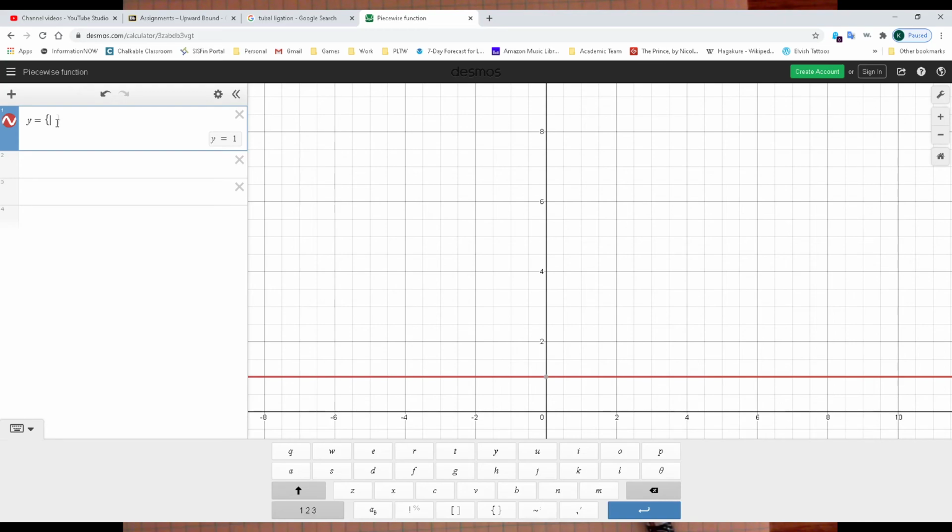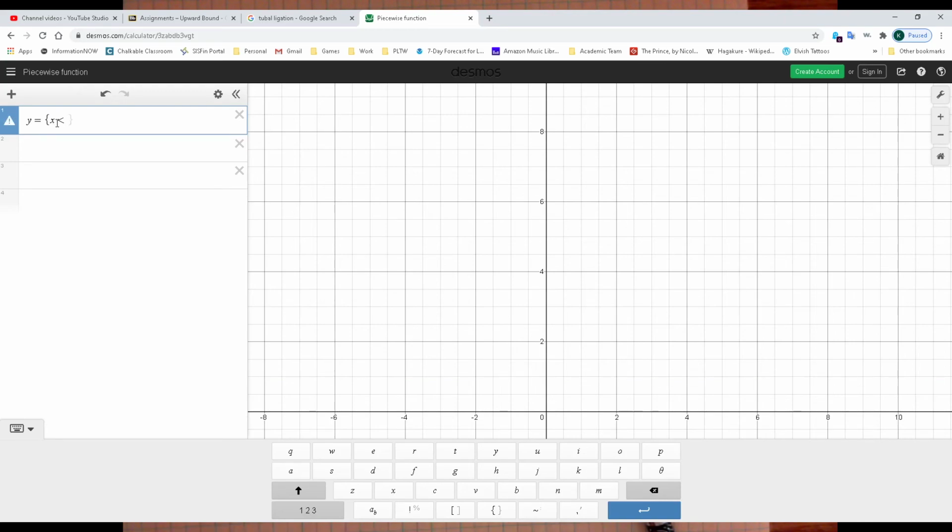So in this case, x is less than -2. You then have to use a colon, which is the double dots, and then you define the function, which in this case was 2x minus 1. Close our brackets. There we go.